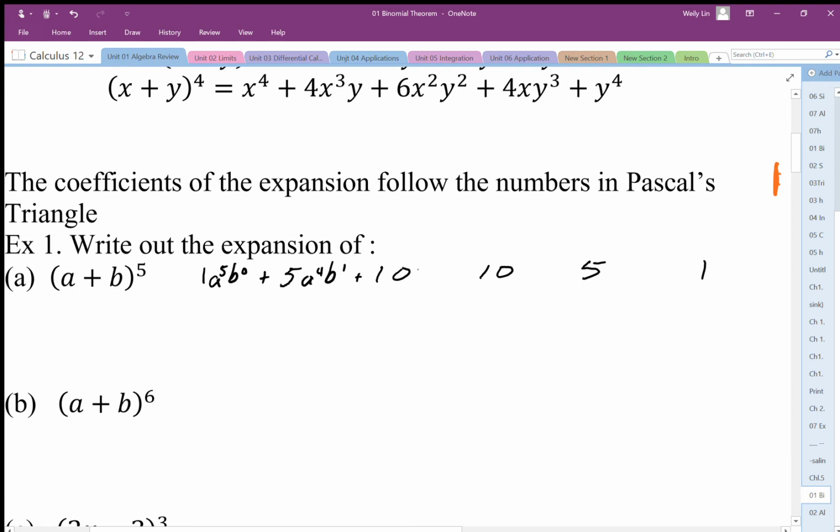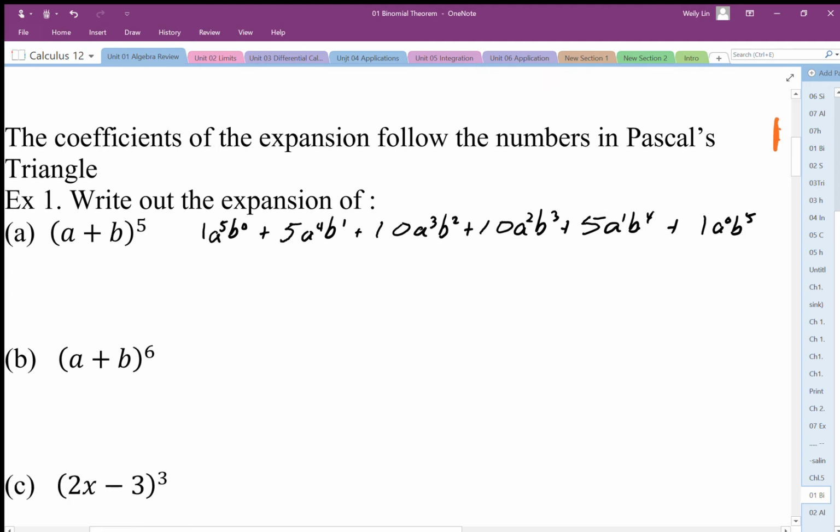So we get plus 10a cubed b squared, sorry, that's going to be a cubed b squared, plus 10a squared b cubed plus 5a to the 1 b to the 4 plus a to the 0 b to the 5. So there's our expansion. We don't really need the power zeros, but I just put them in there just to highlight the pattern of powers here.